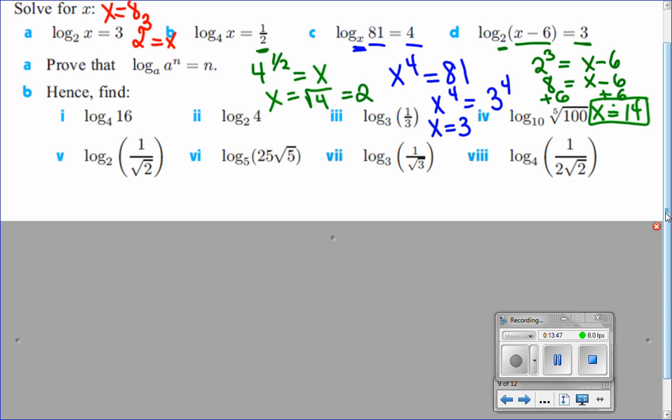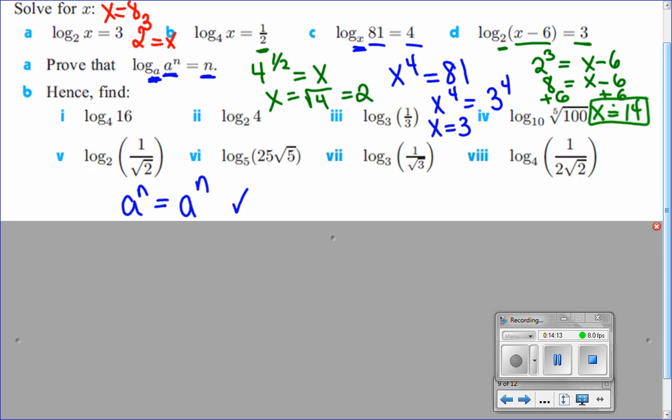So if we want to prove this, we're going to take log base a of a to the n equals n, and we're going to rewrite it in exponential form. So when we do that, we get a to the power of n is equal to this value, a to the n. And that's true, right? a to the n equals a to the n. So we've proved it by showing that two things are equal.